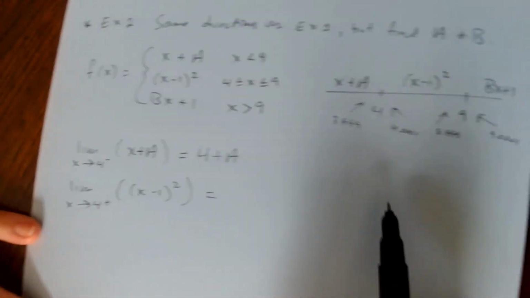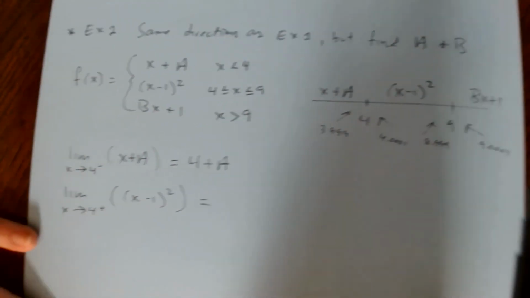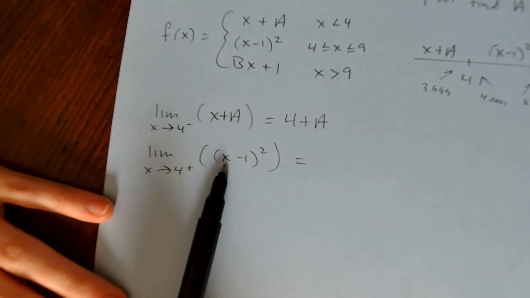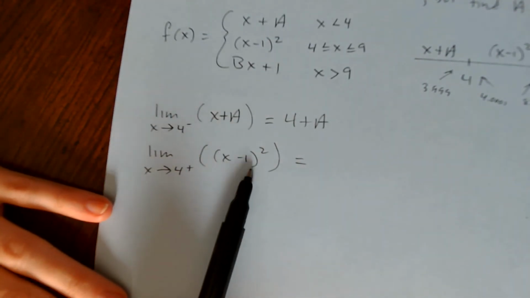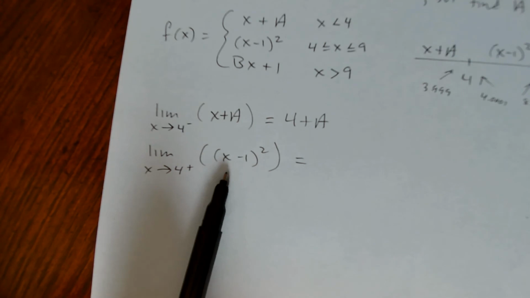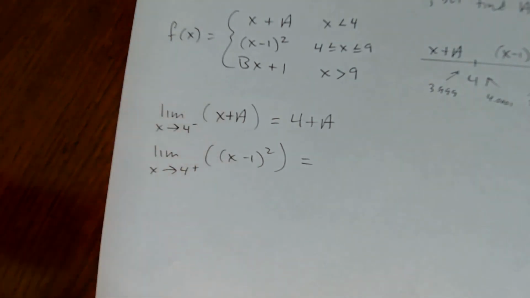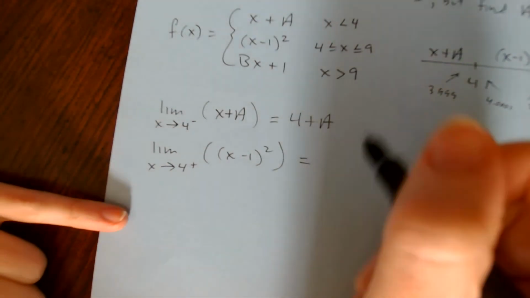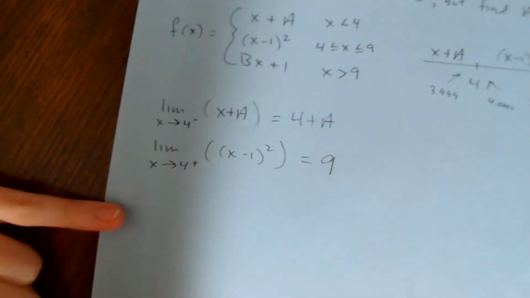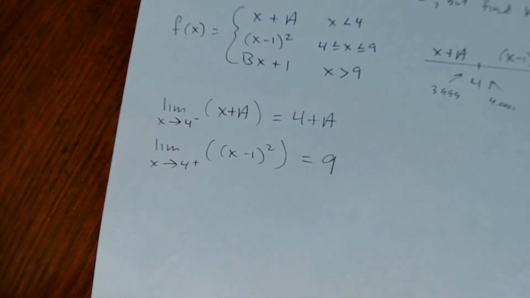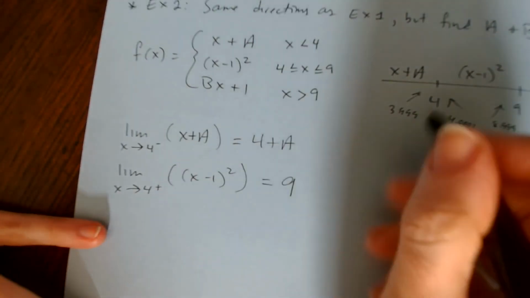Now the limit as x approaches 4 from the right. If we're to the right of 4, we're using this part. So this is about 4 minus 1, which is about 3. About 3 squared is about 9, and we keep getting closer to 9 as x gets closer to 4, so that's the limit.